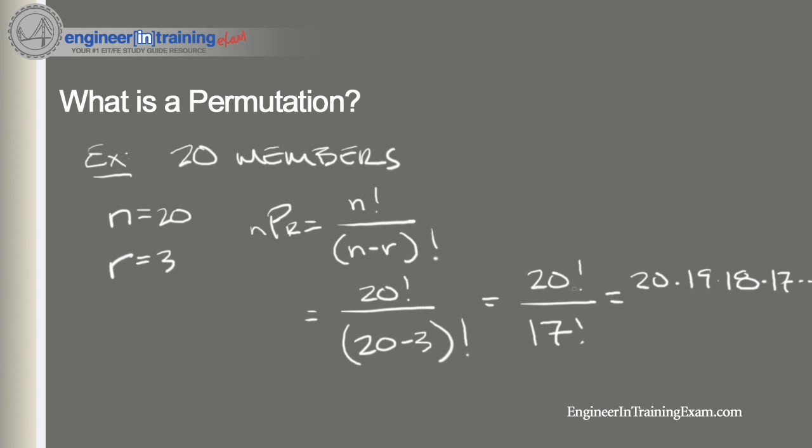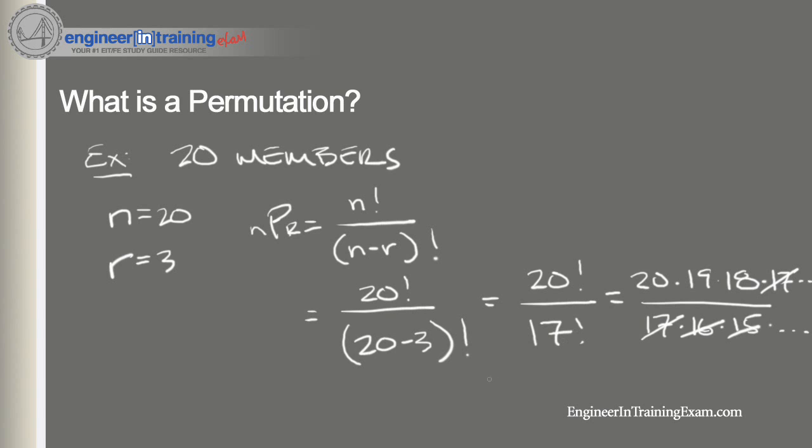So let's expand on 20 factorial. That's 20 times 19 times 18 times 17 times 16 all the way down to 1. 17 factorial is 17 times 16 times 15 times all the way down to 1. Now all we need to notice here is that we can cancel out every value from the denominator that's in the numerator, starting at 17 all the way down.